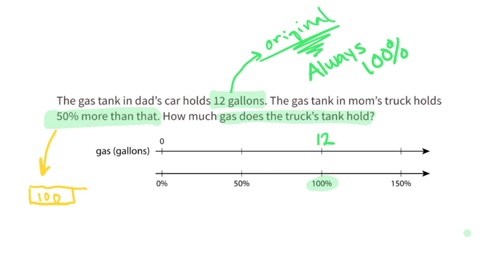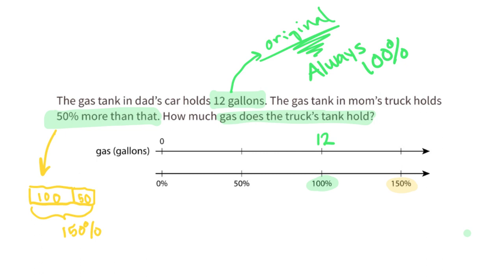So we're going to add 50% to that. And 100 plus 50 is 150%. So Mom's truck is going to be at 150%. So we need to figure out what value is that 150%.